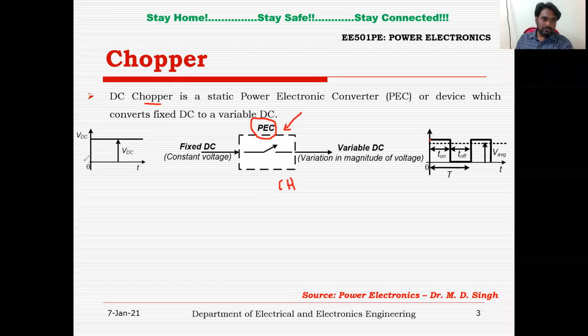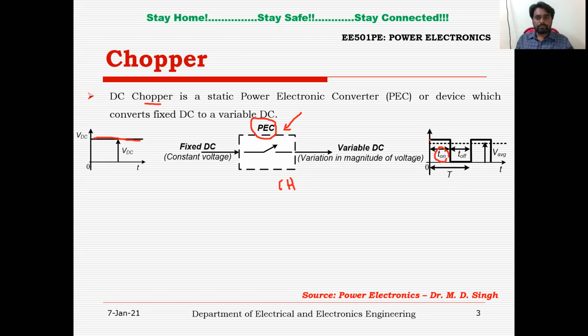The input voltage magnitude is always constant throughout its time period. It is a DC voltage. So out of this constant DC, we can get a variable DC across the load. Depending upon the on-time period and the off-time period, we can regulate the voltage across the load.